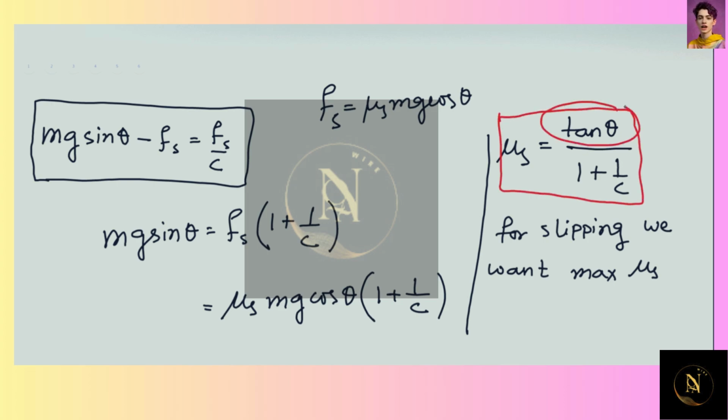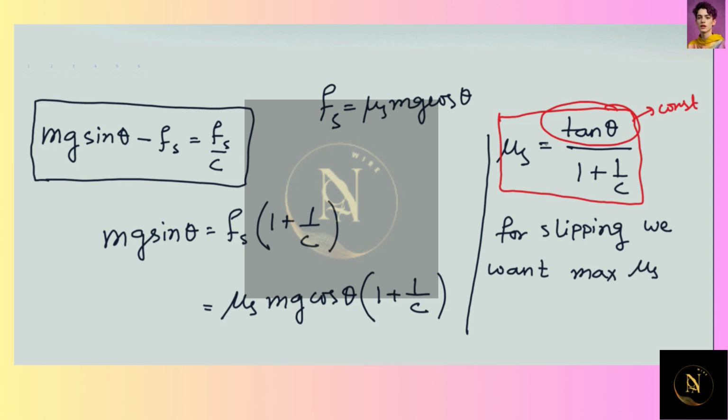Now this term right here is constant because we have a constant angle in the slope. So again, this part is changing. And for the rolling without slipping condition, we need the maximum mu s, because if we take the maximum mu s, then other objects will obviously roll without slipping.